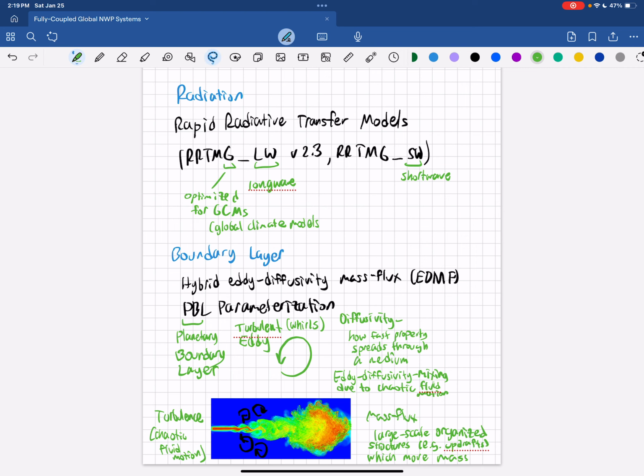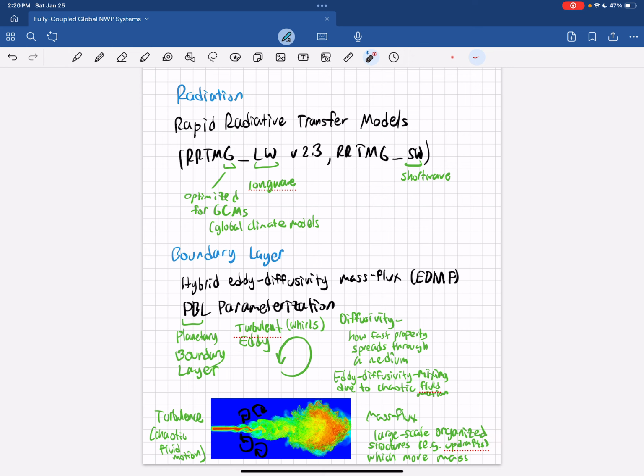An eddy is another word for whirl, and that's what turbulence is supposed to be, a bunch of these little whirls. Diffusivity is how fast a property spreads through a medium, and eddy diffusivity mixing occurs due to chaotic fluid motion, so that's what this is trying to represent. And then mass flux is more large-scale organized structures like updrafts, which move mass vertically.